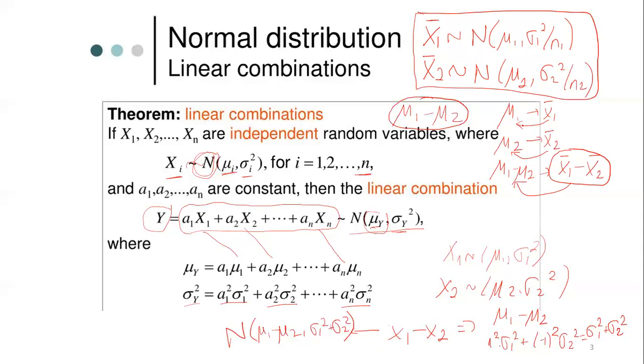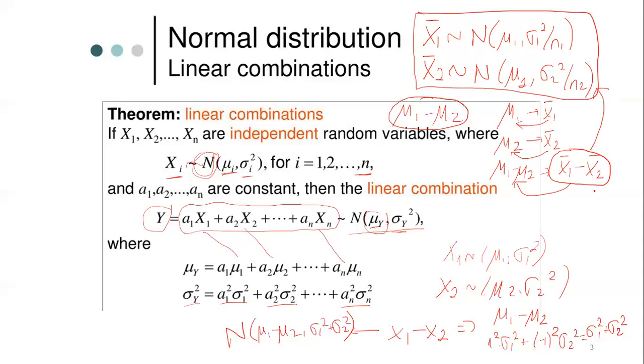So remember, in order to say something about mu1 or mu2 here, we need the distribution of x1 bar, or we need the distribution of x2 bar. Now we need the distribution of x1 bar minus x2 bar. But from here, we know that each of them is normally distributed.